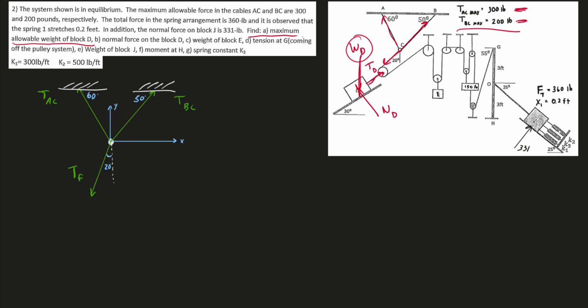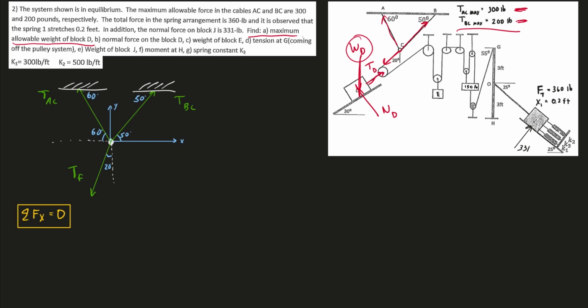So if I extend my x-axis here, I know that my 60 will be here, and my 50 will be right here. You can thank geometry for that one. And I'm good with this 20 right here. That 20-degree angle is between my negative y-axis and my vector, so I have a nice direction vector for that TF.